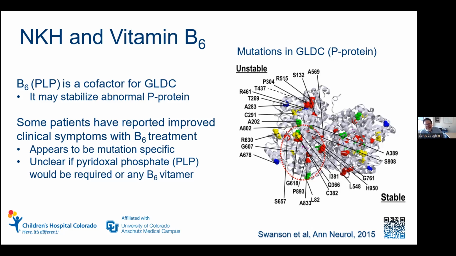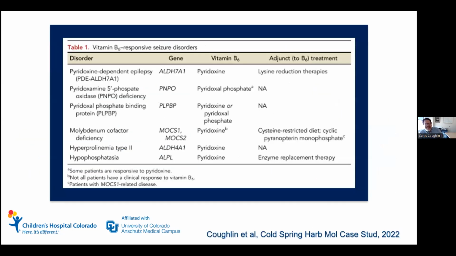I will admit that this is my very poor way of transitioning from glycine metabolism to lysine metabolism. So I feel bad for the poor transition. But here are all of the other known genetic defects in pyridoxal phosphate or pyridoxine metabolism, including a lysine metabolism defect we're about to talk about in a moment.